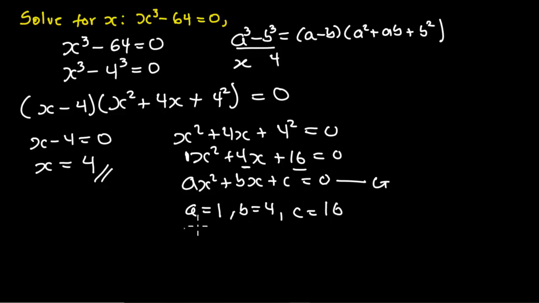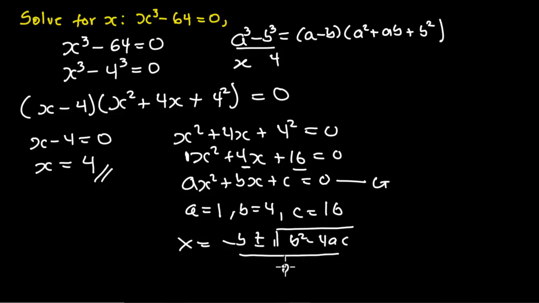And from here we are going to use the quadratic formula, which is given by x is equal to negative b plus or minus the square root of b squared minus 4ac all over 2a. So wherever you see a, b, and c, we fix these values over there.